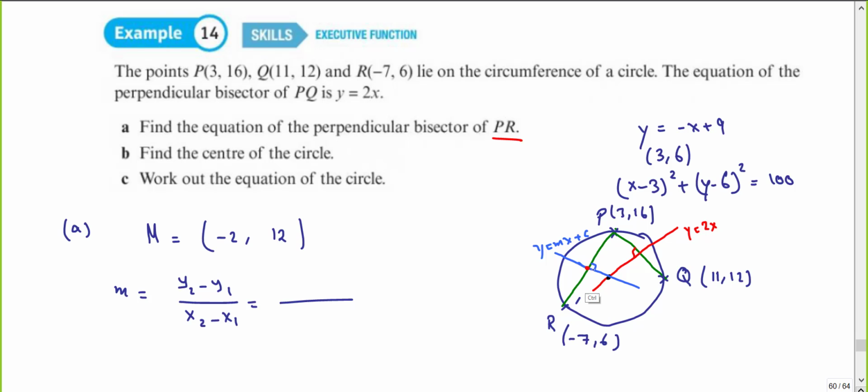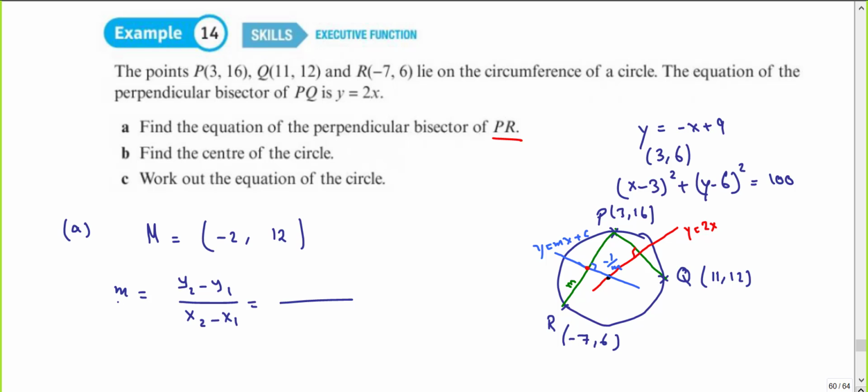Because the 2 lines are perpendicular, PR and the blue line, the gradient of the blue line would be -1 over m. m is simply the gradient of the green line. For the blue line, it will be minus 1 over m. You flip this gradient and you change the sign.